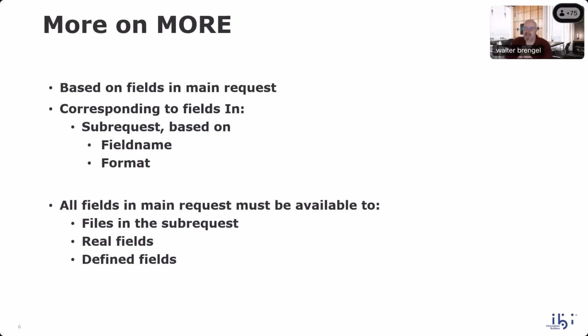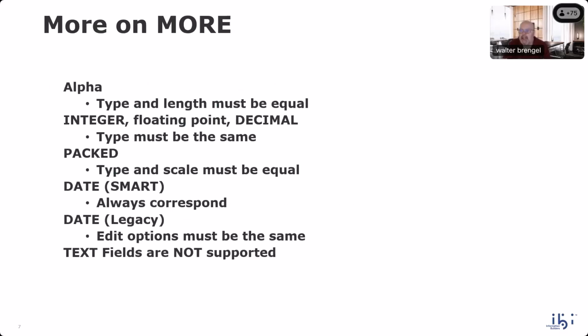All right, so we're talking about the fields must be the same format. Corresponding fields in subsequent requests must be based on the field name and format of the main request. This you have to have real and defined. In this case, for alpha, the type and the length must be the same. For integers, floating point, and decimal, the types must be the same.